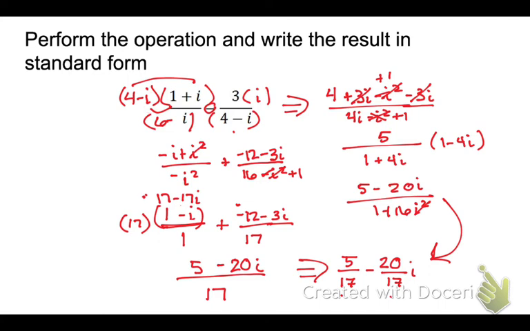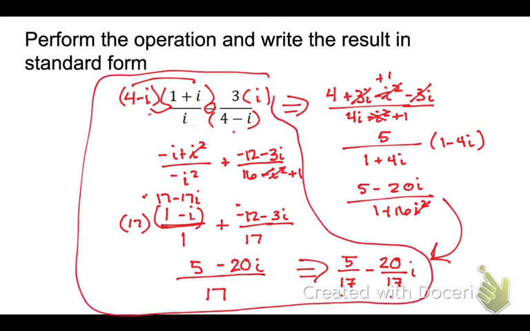It doesn't matter when you're doing it, you're going to have to do it. Does that make sense? So to me, I don't care. I prefer this method right here. I found that I tend not to mess it up. But I do this method if the denominators are conjugates of each other, because then I'm not going to have to do it again. So it's up to you.